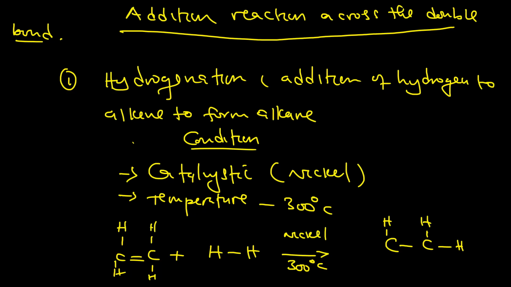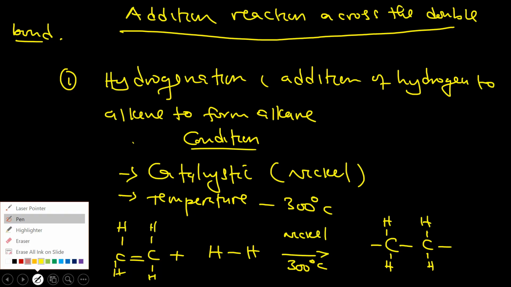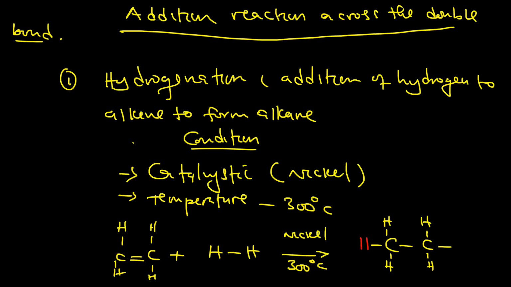Let me just put a different color. When the double bond breaks, the hydrogen that comes from this attaches like this. So we have an addition of 2 hydrogens. That is how you can look at it. I guess there's no problem up to this particular point. So that is one of the reactions that it undergoes.